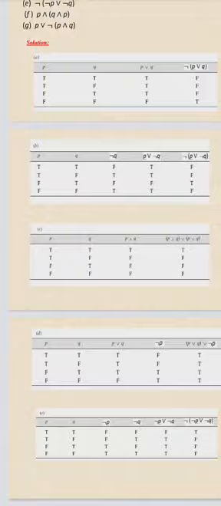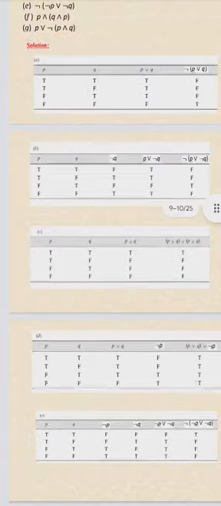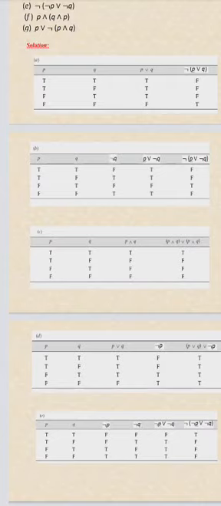False or true, the truth value is true. Then the final column is negation of P or negation Q. True is false, then the negation value: true is false, true is false, false is true, true is false.